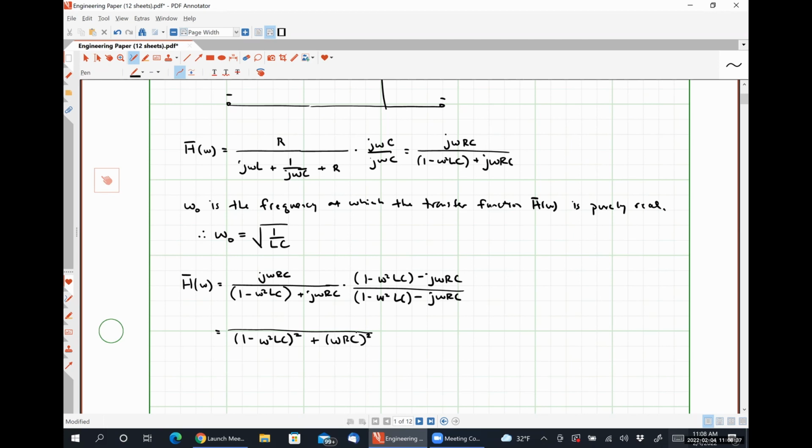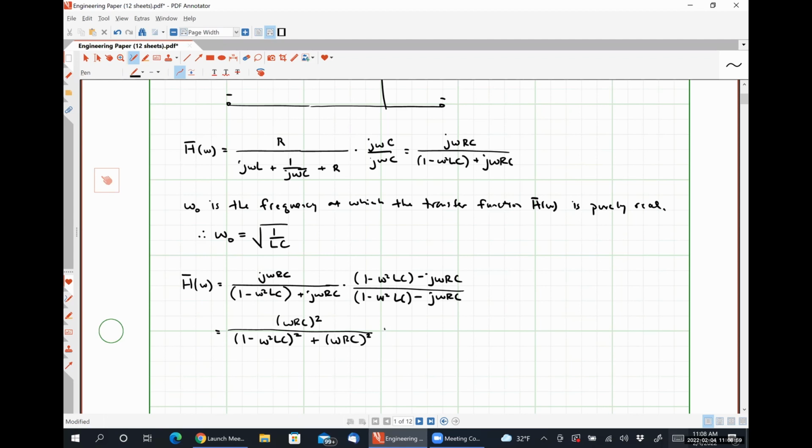In my numerator here, I'm going to have a real part that is j omega RC times negative j omega RC. So that's going to give me omega RC quantity squared.